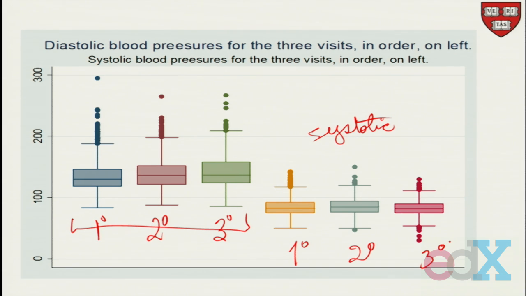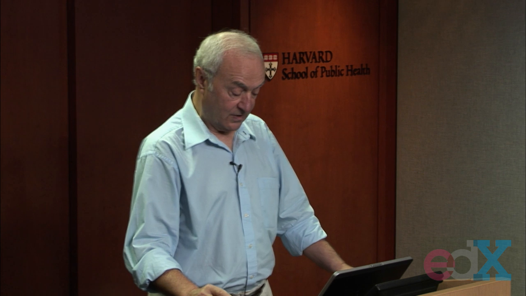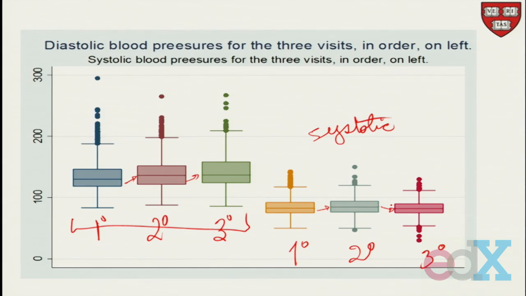It looks like the median is sort of going up from visit 1 to visit 2 to visit 3, whereas the systolic went up a little bit, but then at the 3rd visit it sort of goes down. So you can detect these kinds of movements by looking at these box plots side by side.